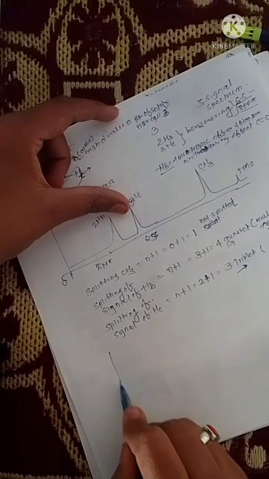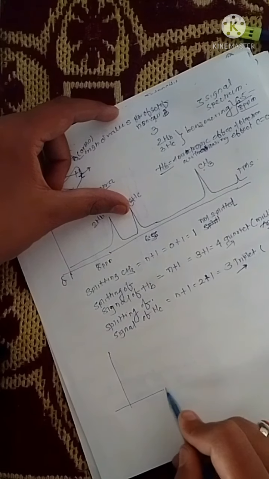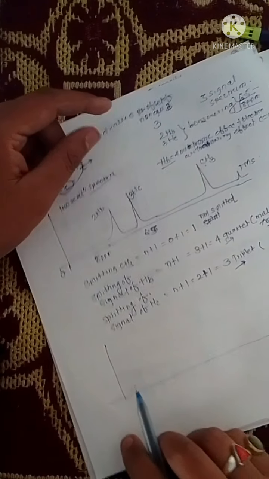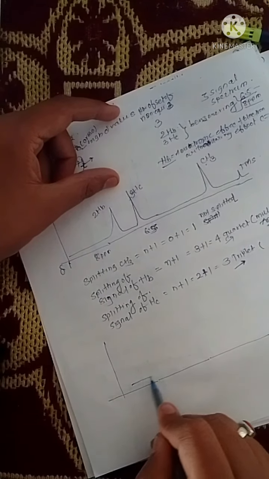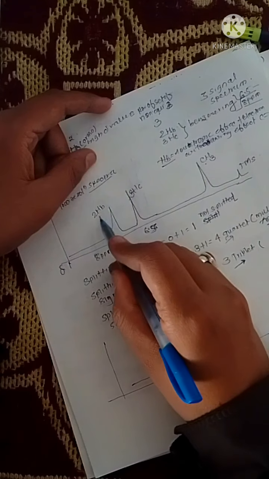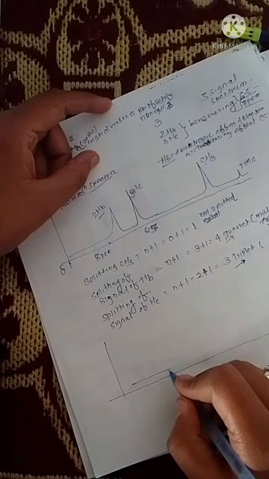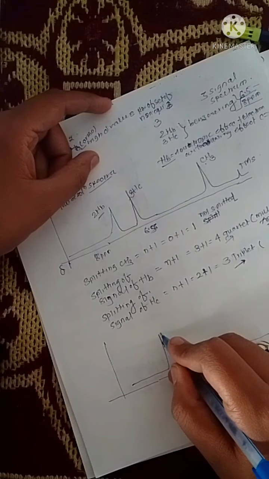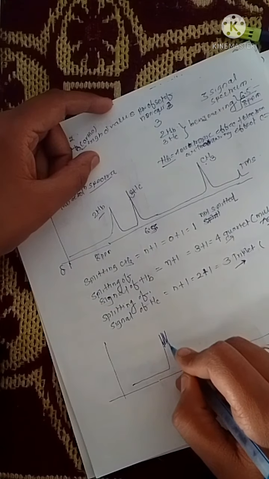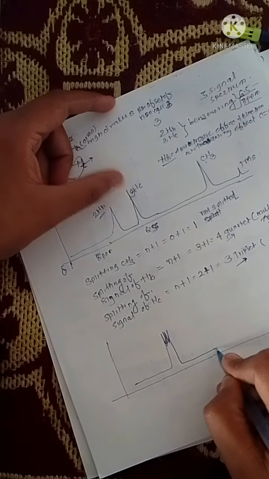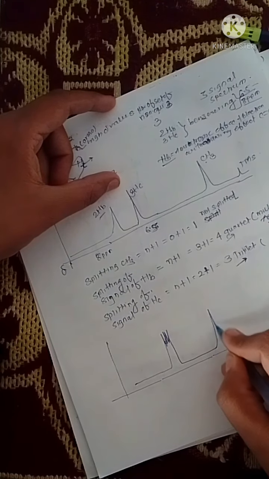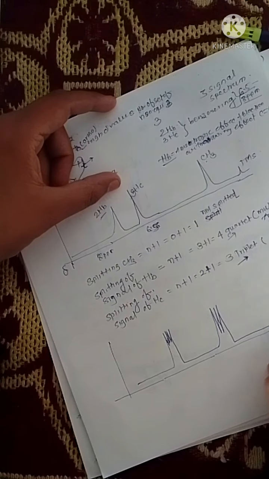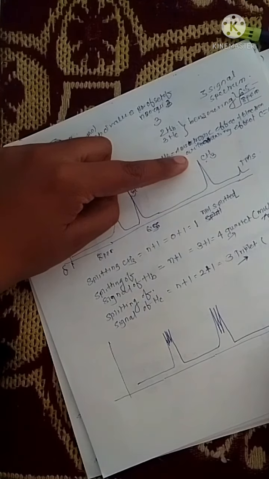So in high resolution spectra, we see this Hb signal is generally divided into a multiplet. So 1, 2, 3, 4. This is a triplet, so 1, 2, 3, and this is a singlet.